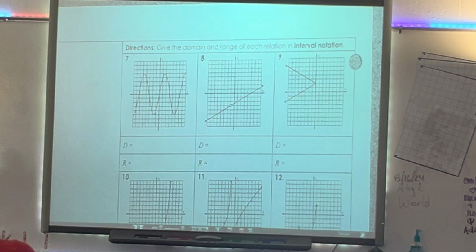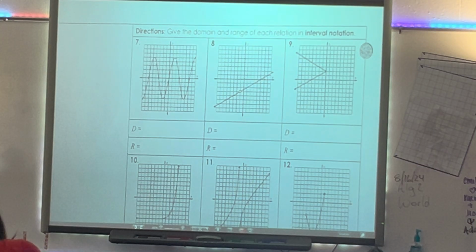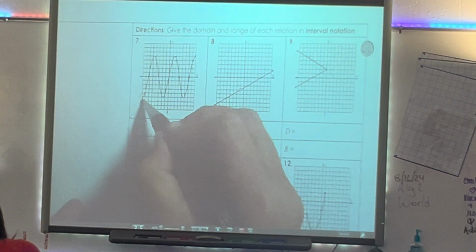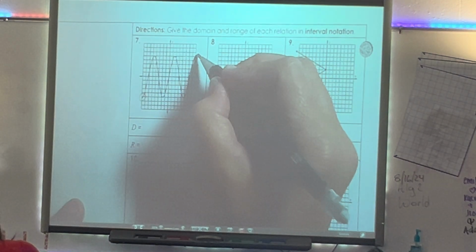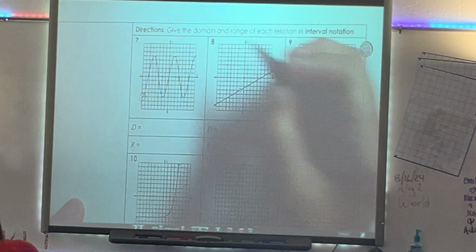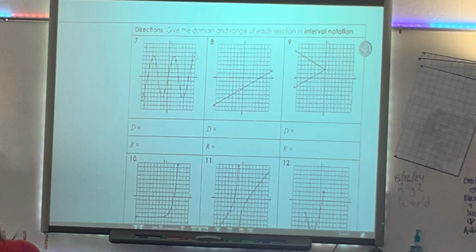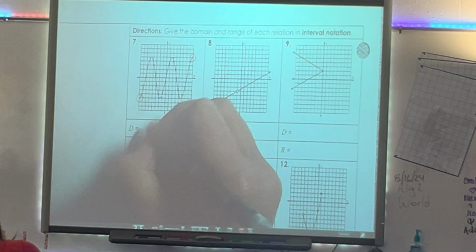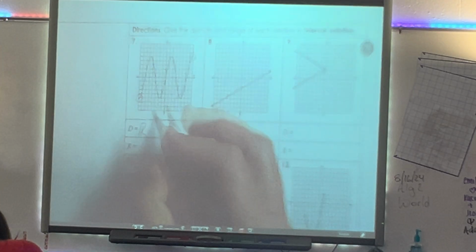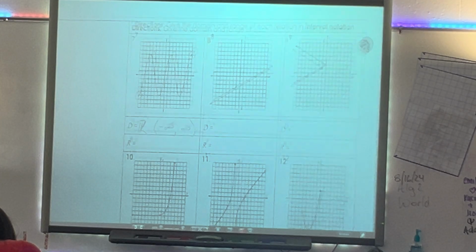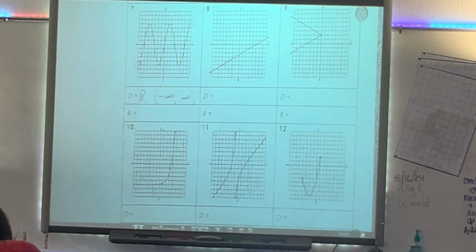Domain, on this one, since there are arrows here, it appears this is going to continue to cycle, just based on the rest of the graph, so I would say all reals, negative to positive. Most of the time I'm going to write the interval.